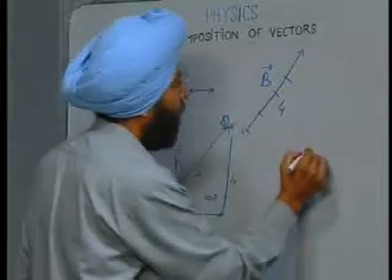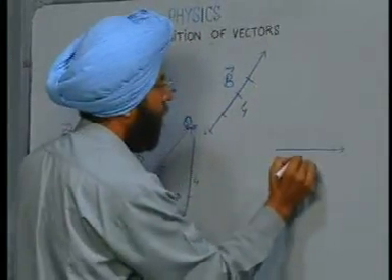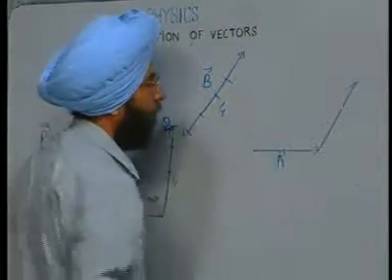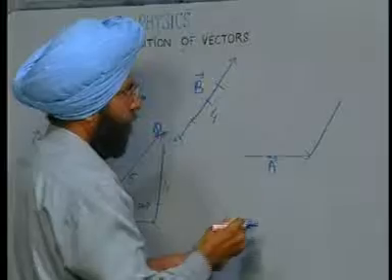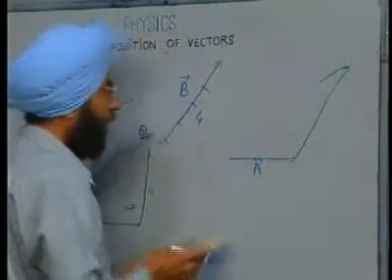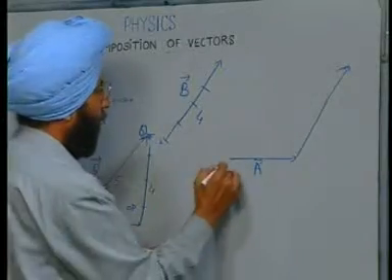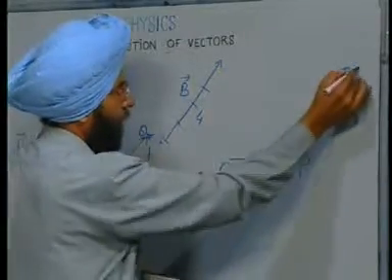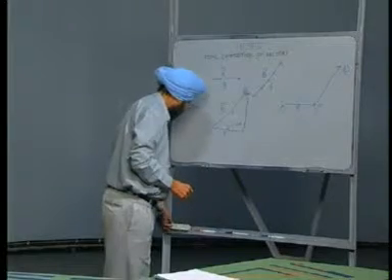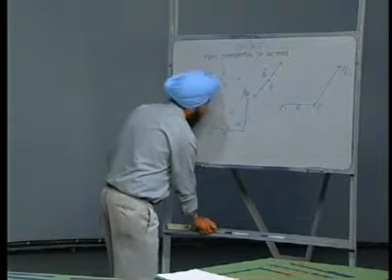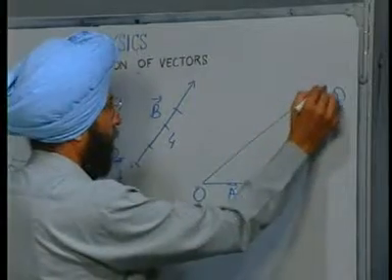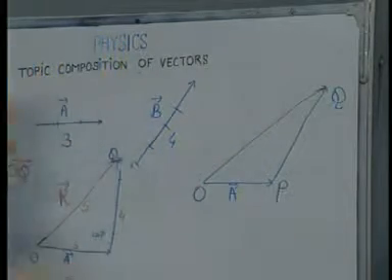In that case, when we add A and B, this will give us O, P, Q. Now, the resultant is again OQ. We can use geometry here.